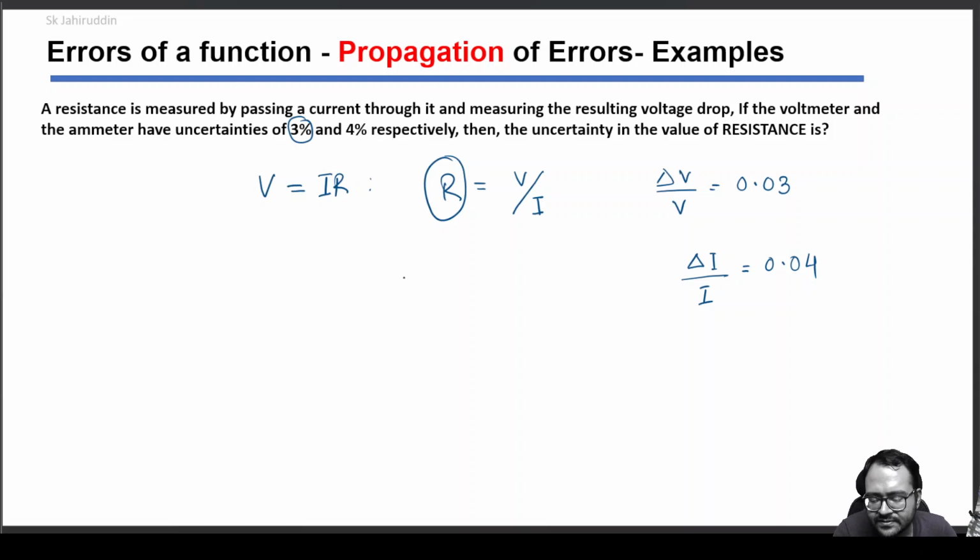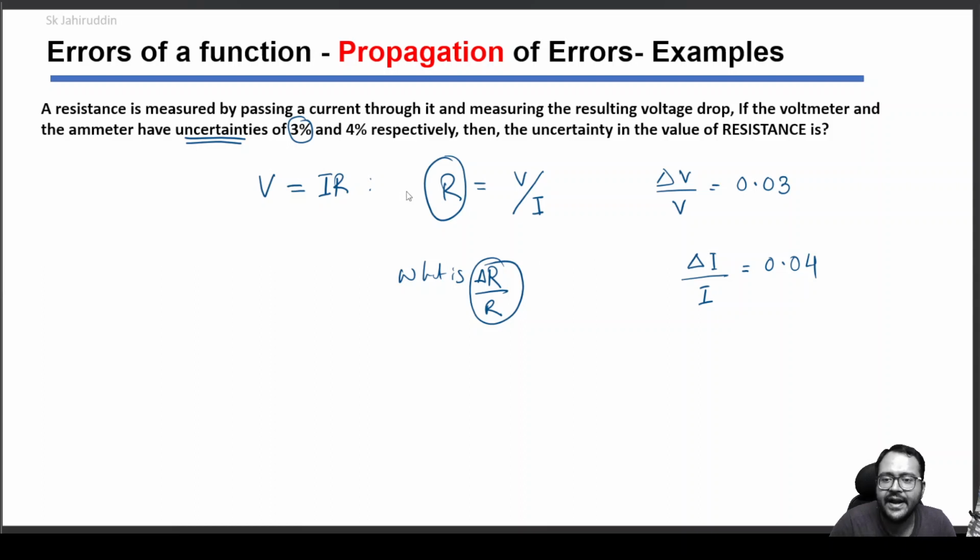Then what is the uncertainty in resistance, delta R by R?